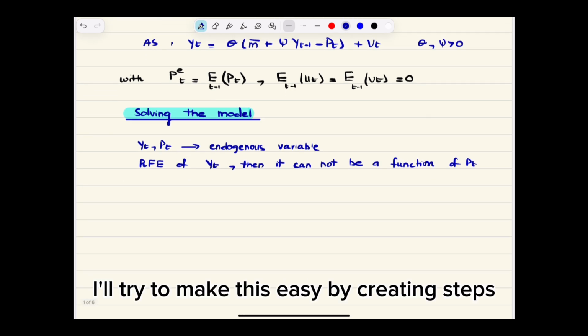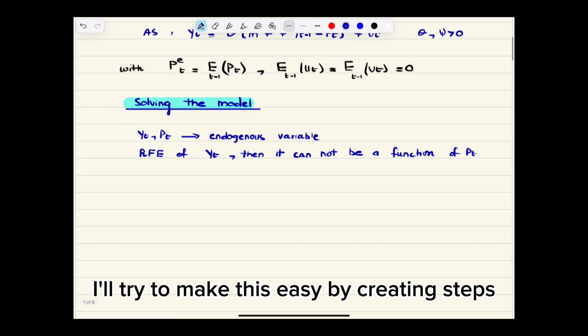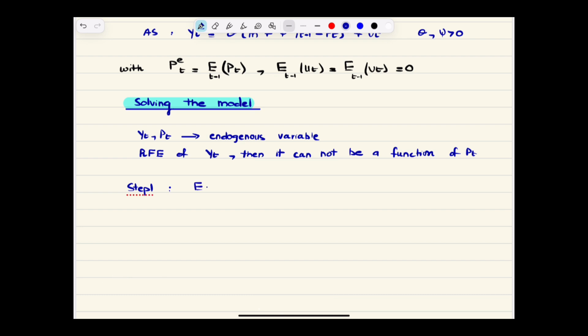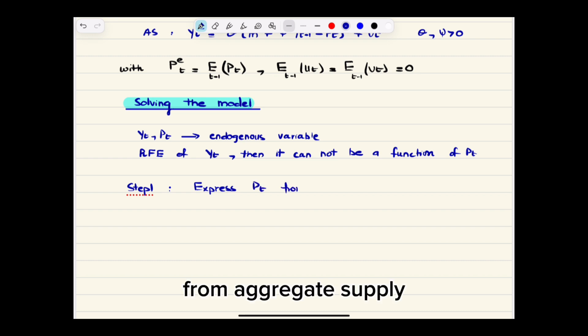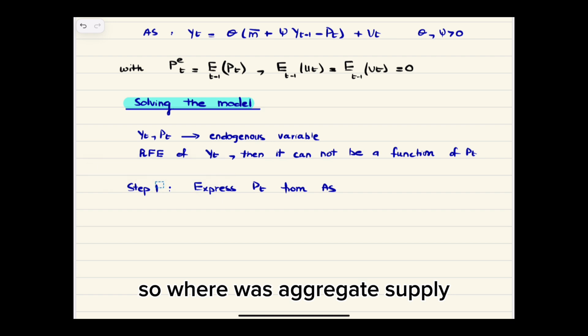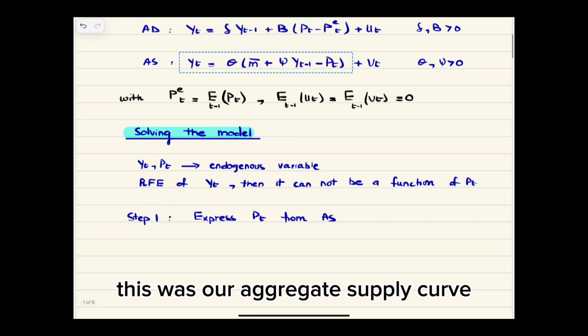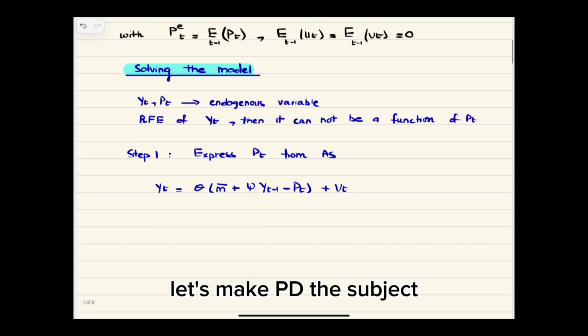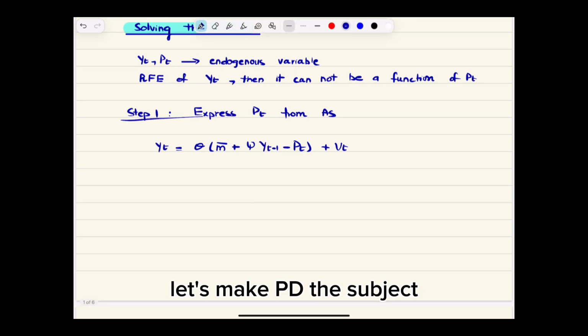Okay, so let's begin. I'll try to make this easy by creating steps. So for instance, step 1 is that we can express pt from aggregate supply. So where was aggregate supply? This was our aggregate supply curve. Let's make pt the subject.